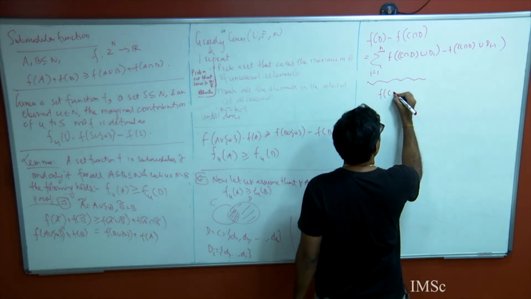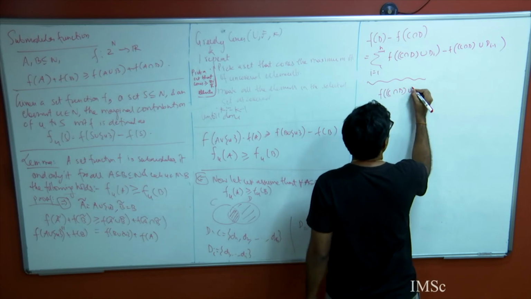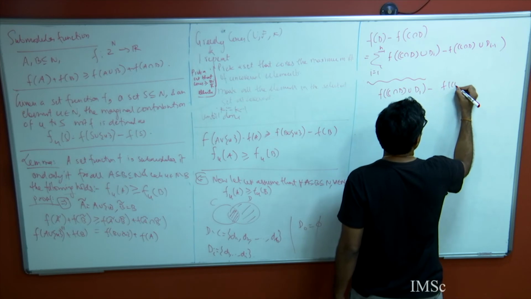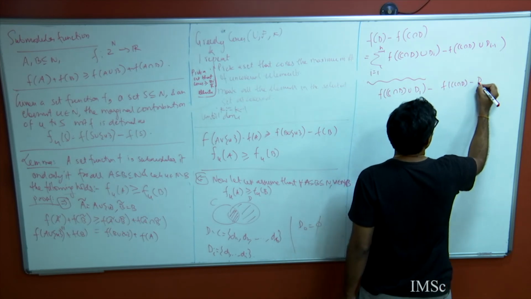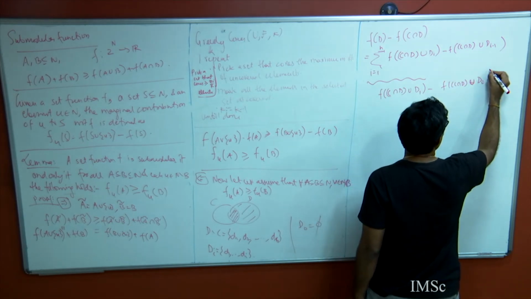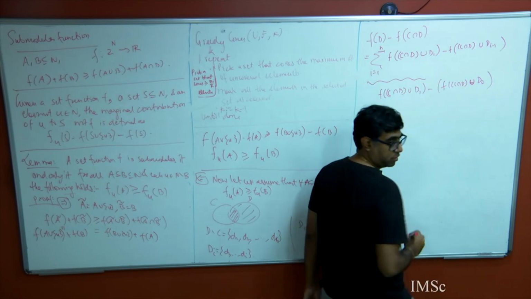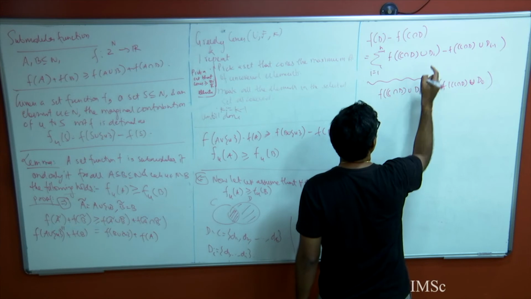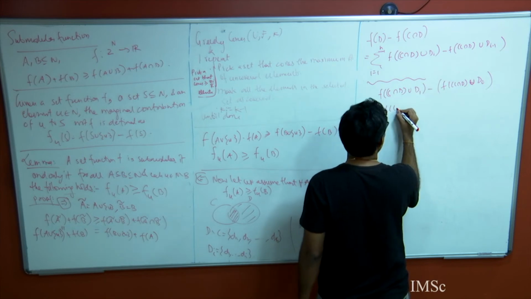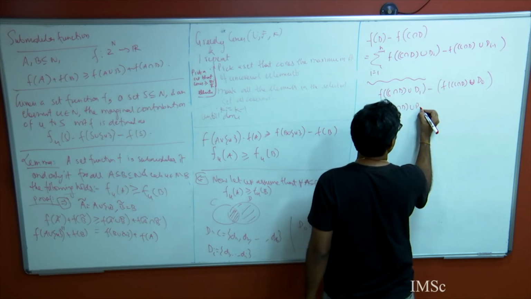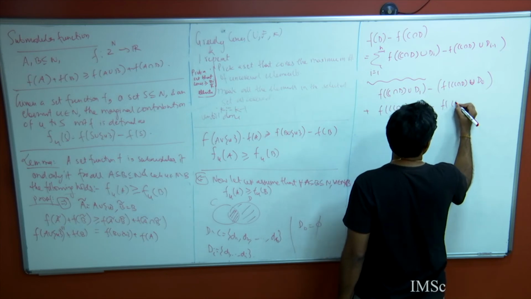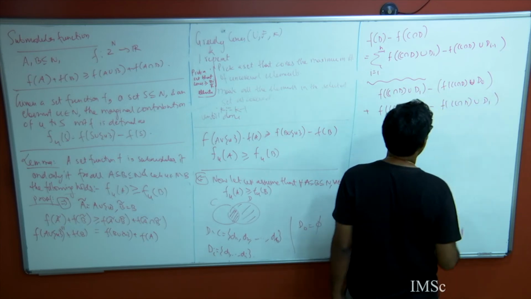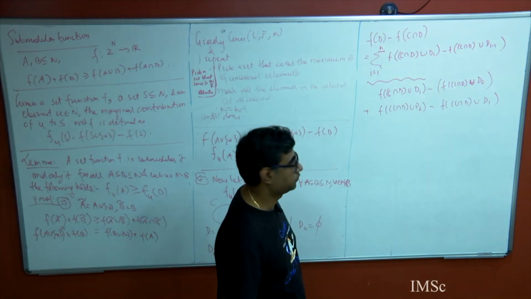Because the first term is f of C intersection D union D1 minus f of C intersection D union D0. What is the second term? It is going to be f of C intersection D union D2 minus f of C intersection D union D1, right?